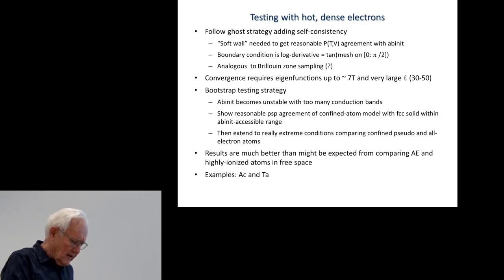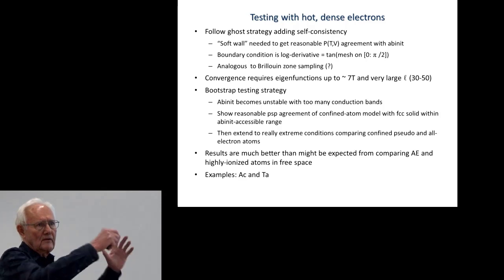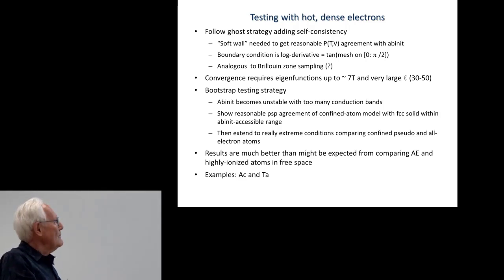So anyway, I think it's plausible to use what I'll call a bootstrap method, in the same spirit as the ghost testing. I use an atom with a spherical barrier around it, except it's not a hard barrier.